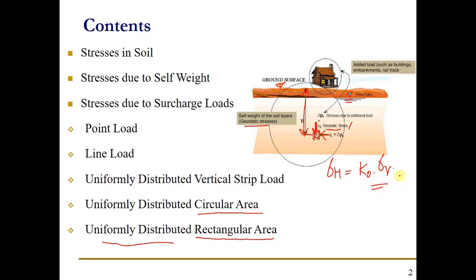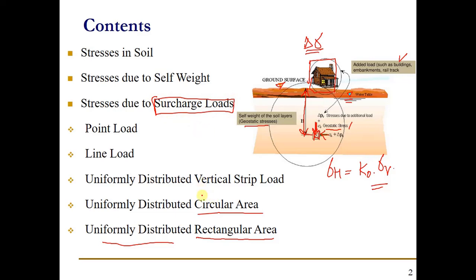stress. But when you are constructing a house, you are adding a load such as buildings and other types of structures as well, embankments, railway track, that will cause the increase in the stress due to the loads or surcharge loads.